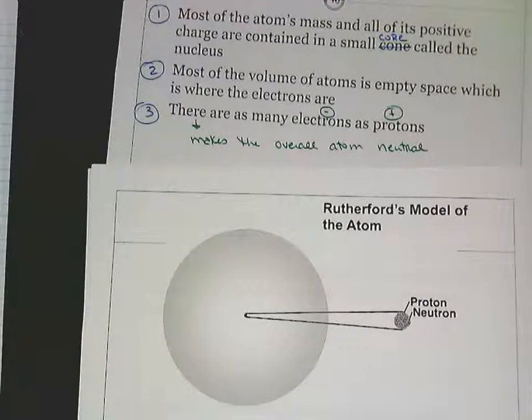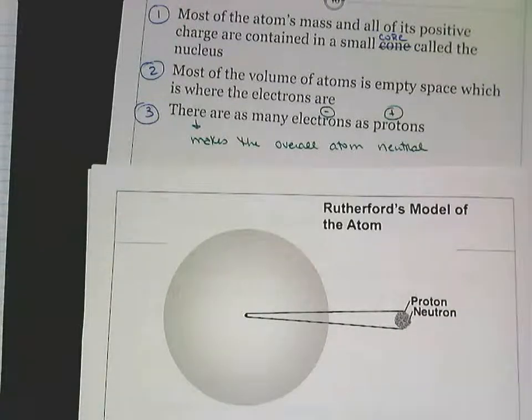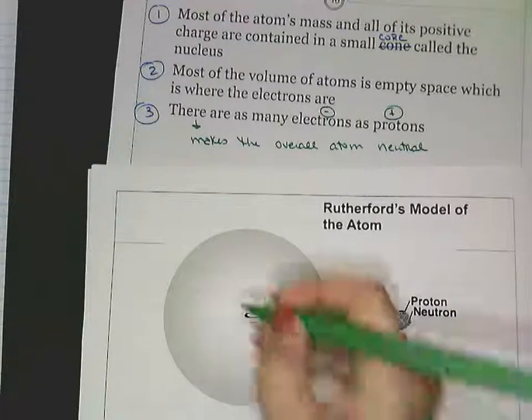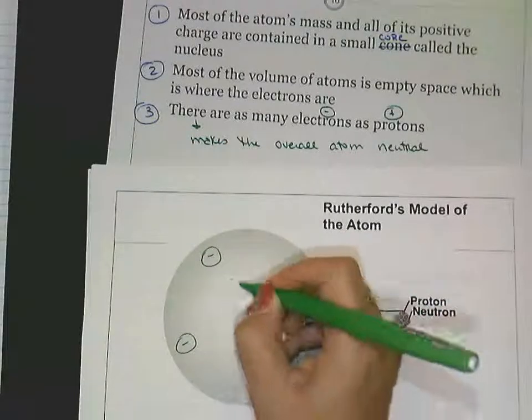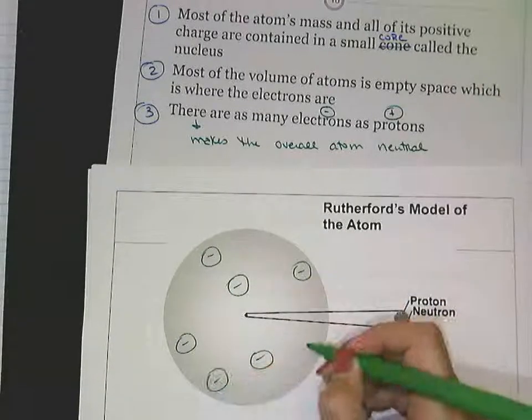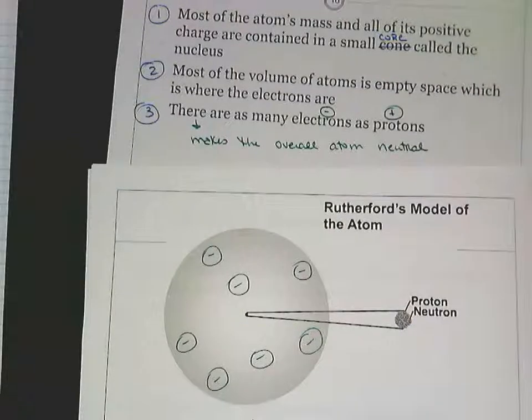I am so much smaller than this. All right, so here's my atom. In the tiny hard center, we have protons and neutrons. I'll talk about neutrons here in a second. On the outside, we have the electrons just floating around. If I just draw 7 electrons, how many protons should there also have to be? Right, so there's going to be 7 of these.